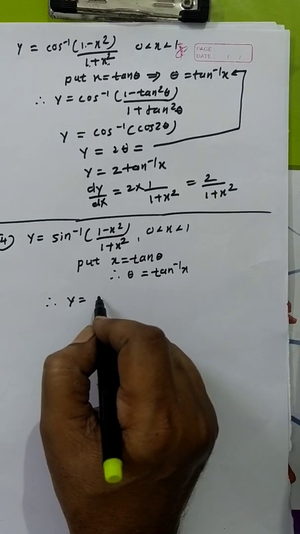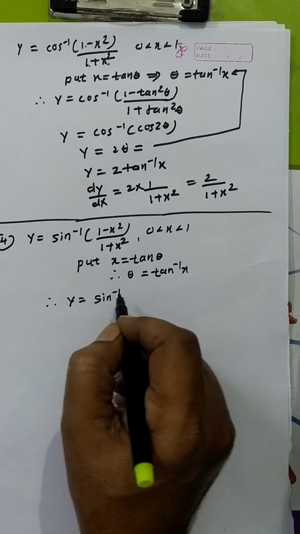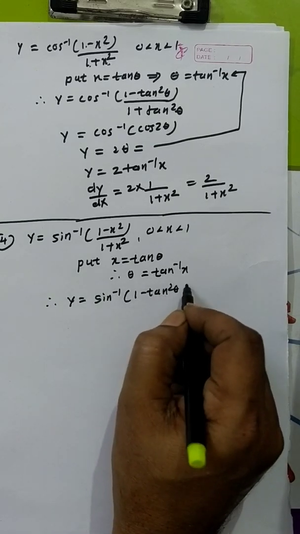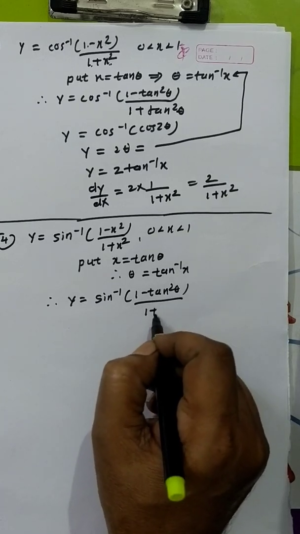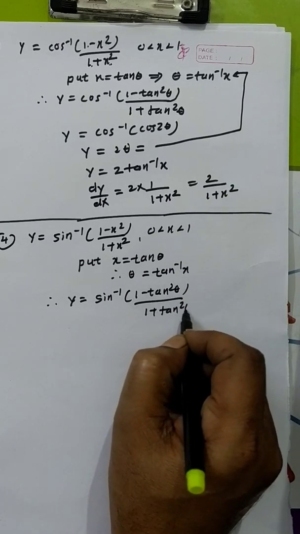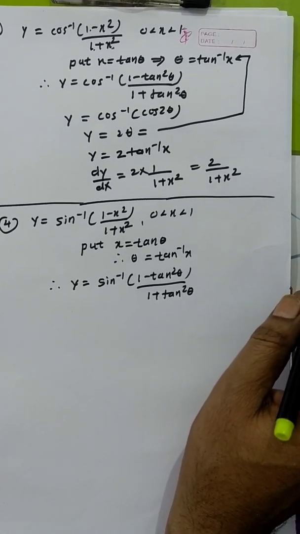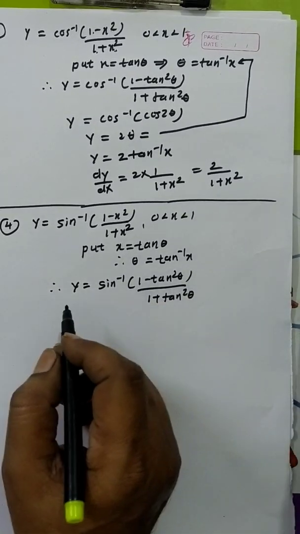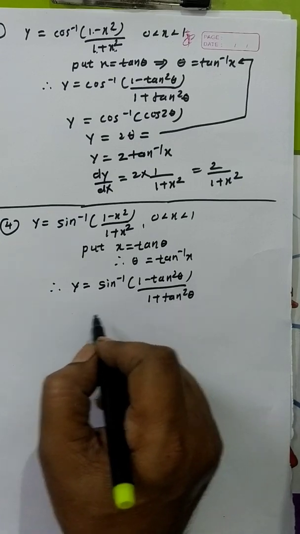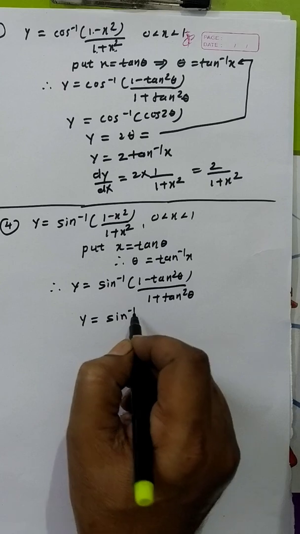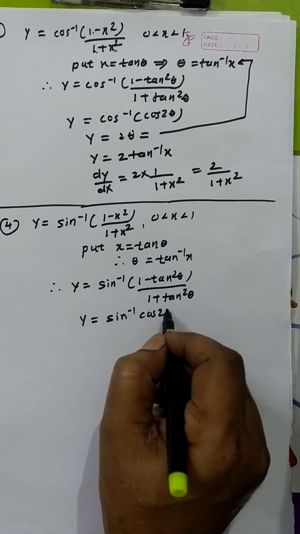be sine inverse of (1 minus tan square theta) divided by (1 plus tan square theta). But what is 1 minus tan square upon 1 plus tan square? It is nothing but cos 2 theta. So y equals sine inverse of cos 2 theta.